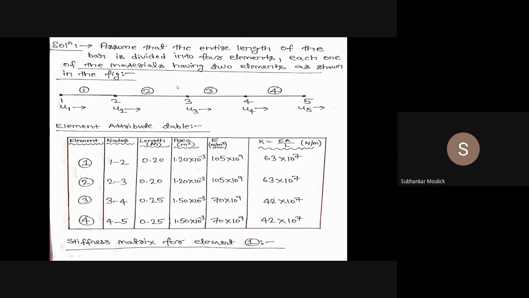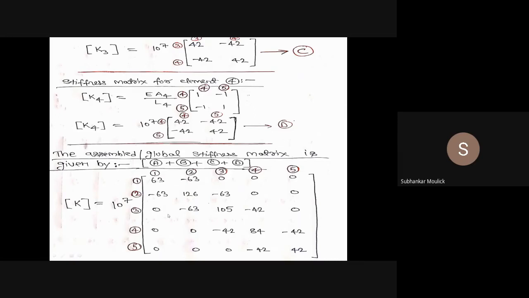So the global stiffness matrix is a 5 cross 5 matrix.